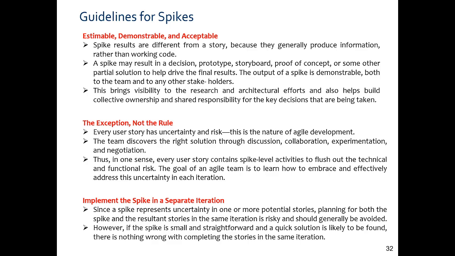Right. So you should not have a spike iteration which is specifically addressing the spikes. You should not have a separate kind of cycle for the same. It should be done in one-to-one correspondence. One iteration, one spike. Another spike, another iteration.